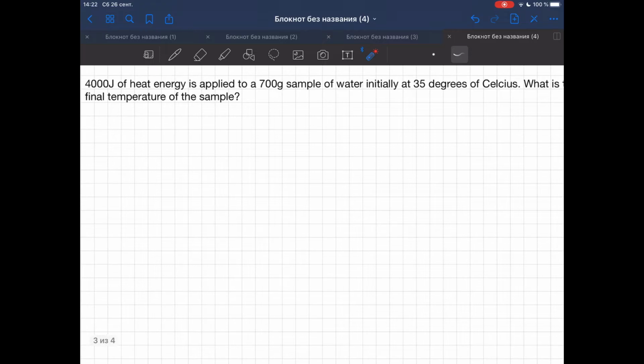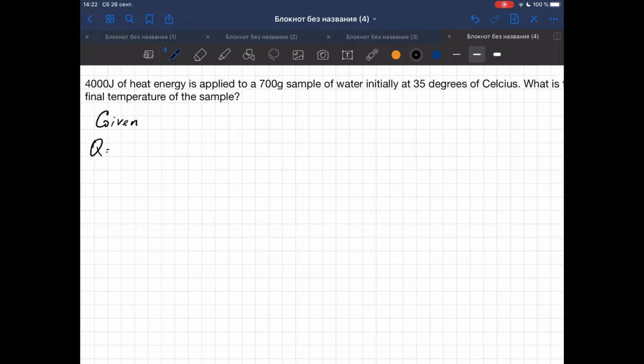The second one. 4,000 joules of heat energy is applied to a 700 gram sample of water initially at 35 degrees Celsius. What is the final temperature of the sample? So here we need to write down again the given.